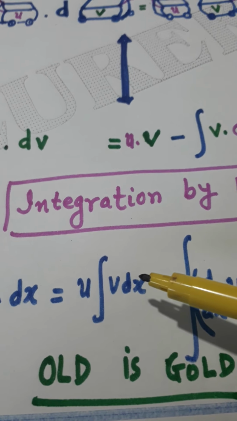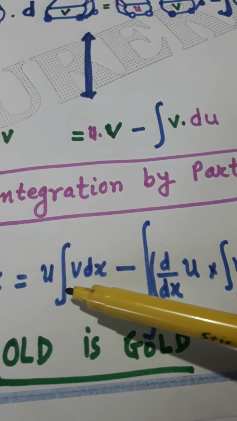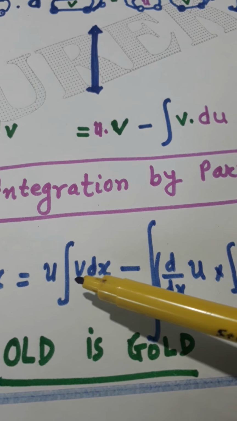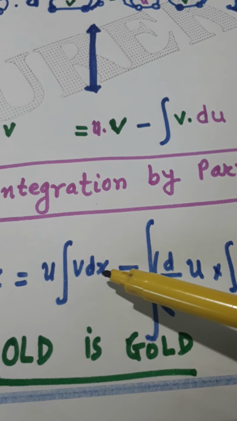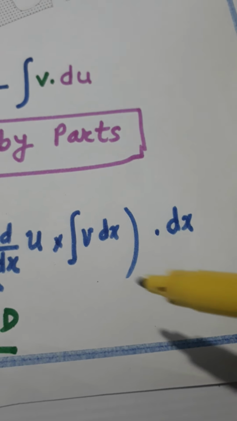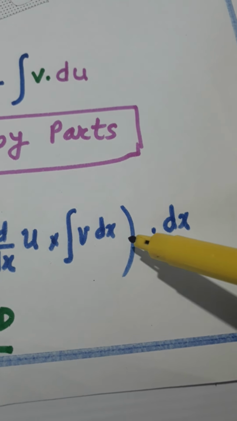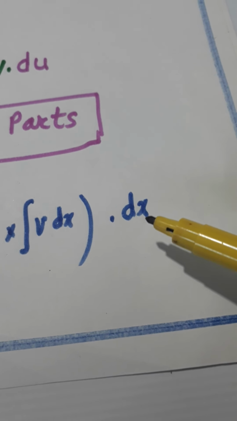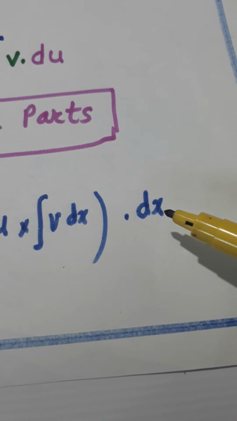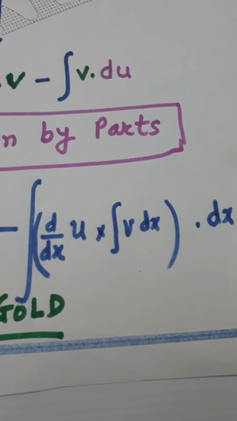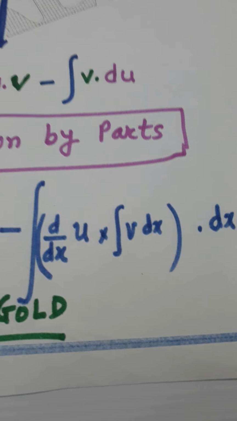Like brackets, brackets have to be closed. If you are writing integration, then integration has to be with respect to a certain variable. Here the variable is x, so dx is there. There is a bigger integration symbol, then dx for that has to be there. So they are working just like brackets. If you start with a bracket, you have to close it also.